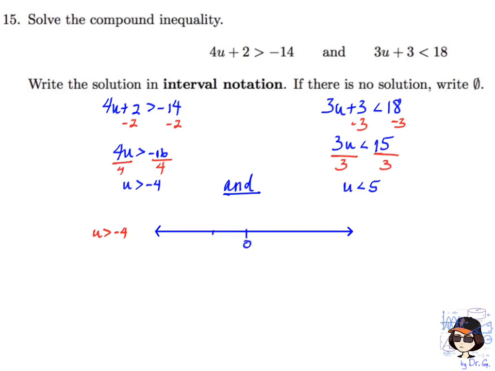So I'm going to draw the two inequalities separately on two separate number lines. So u greater than -4 on one number line, and then u less than 5 on another number line, and line them up.